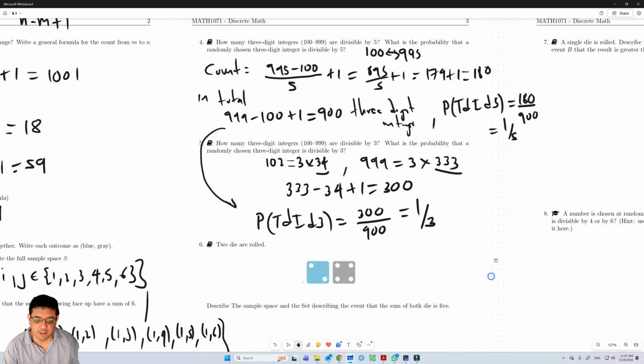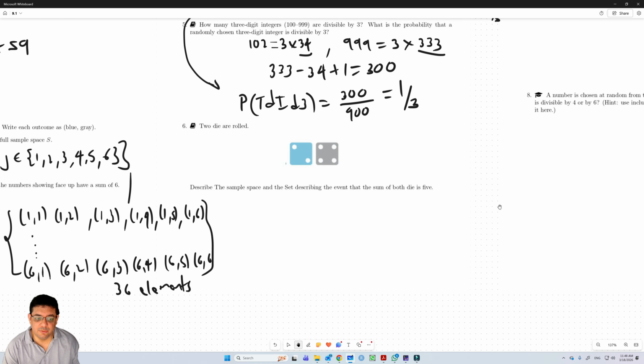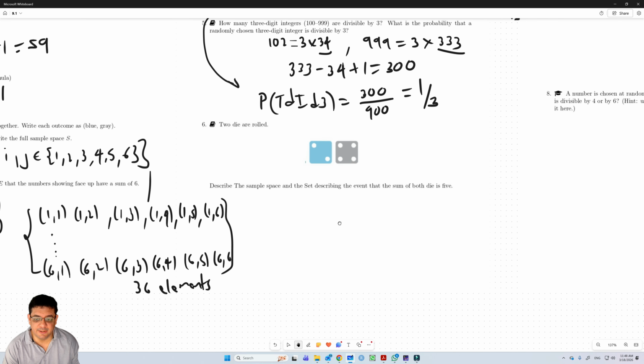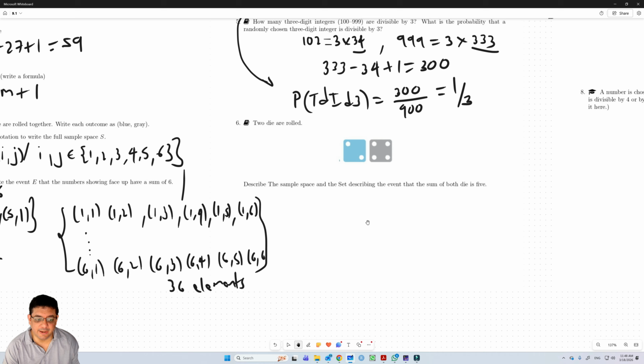Okay, so question number 6. Two dice are rolled. Describe the sample space and the event that the sum of both dice is 5. The sample space we already got in the previous question; this is the sample space of numbers with two dice. Now the event that both dice sum to 5 is a different event.